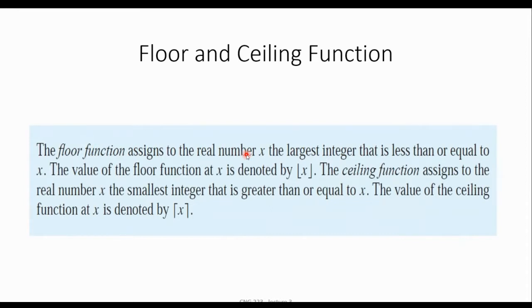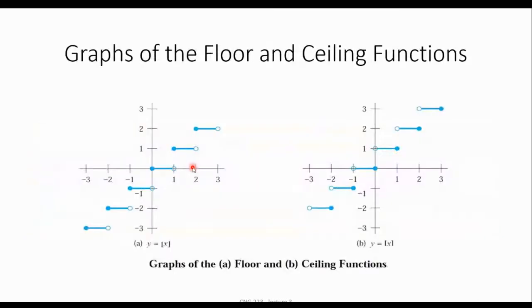In the case of ceiling, you are trying to round your number up, but in the case of floor, you just round your number down. If I said it by mistake before, let me correct it. This one is floor, this one is ceiling.